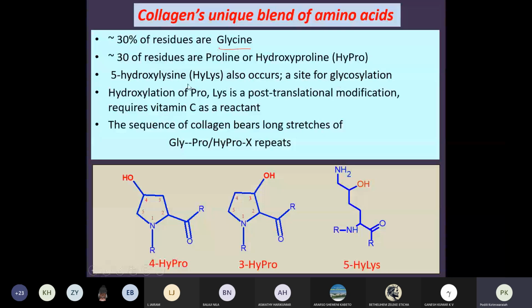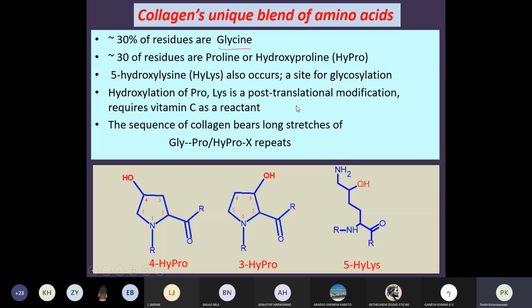In addition to this, 5-hydroxylysine also occurs, and that is the site for glycosylation. As I already said, hydroxyproline and hydroxylysine cannot be directly incorporated during protein synthesis, because they don't have any codon. Only proline and lysine are incorporated, and proline is converted to hydroxyproline and lysine to hydroxylysine during post-translational modification.